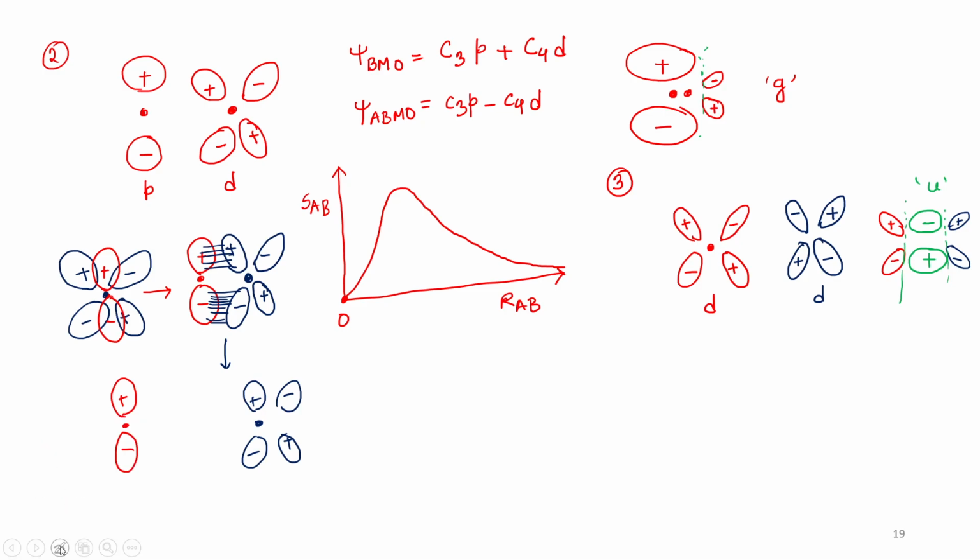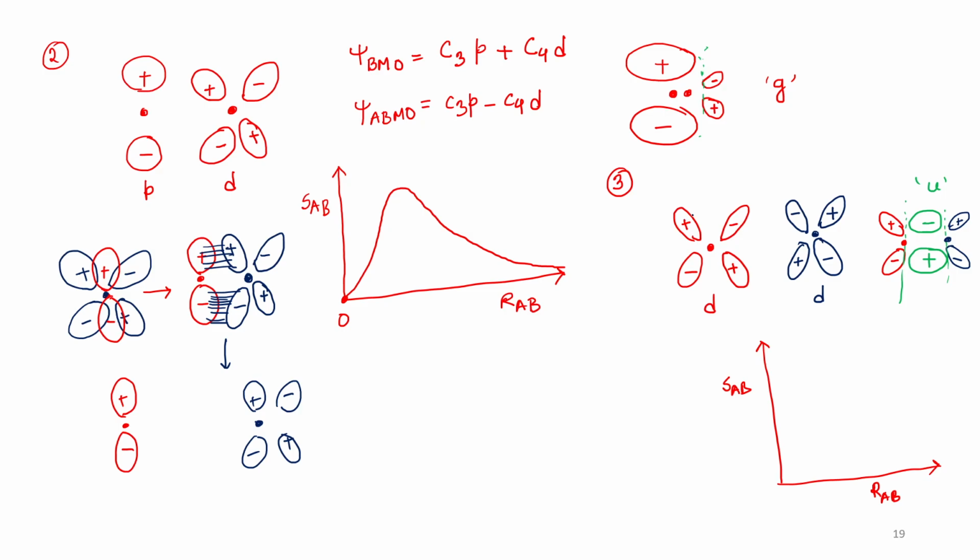How is the SAB going to look for this particular case, with internuclear distance increasing? When they are just on top of each other, when the internuclear distance is 0, you can see the overlap is anti-bonding type, minus on plus.